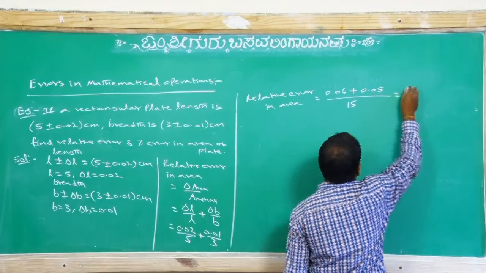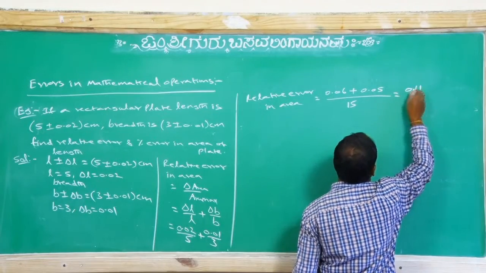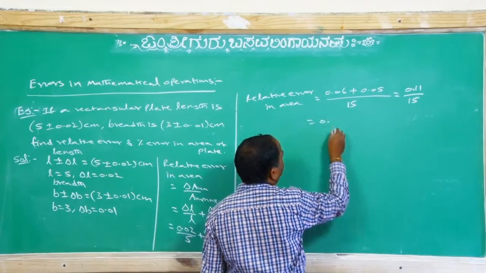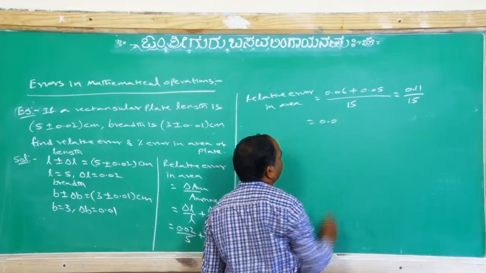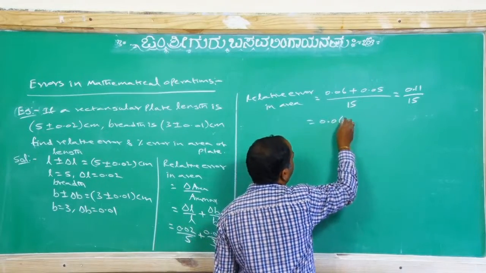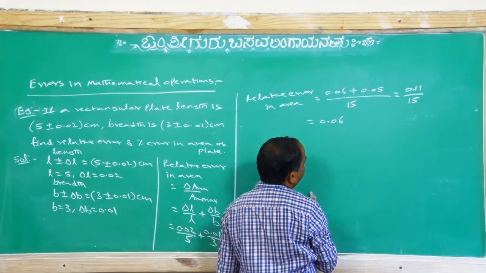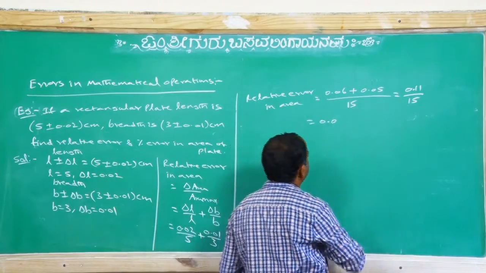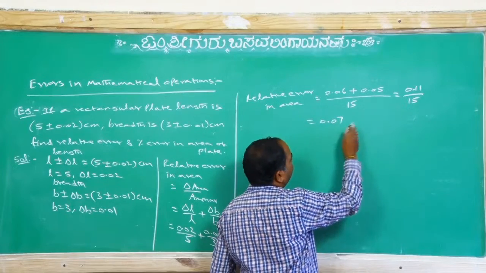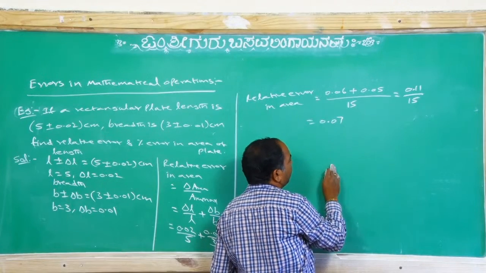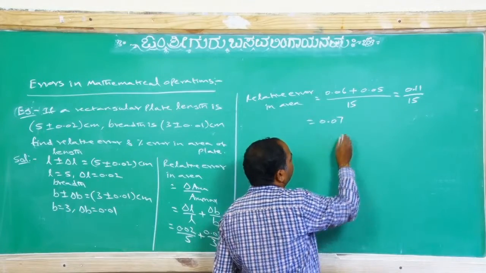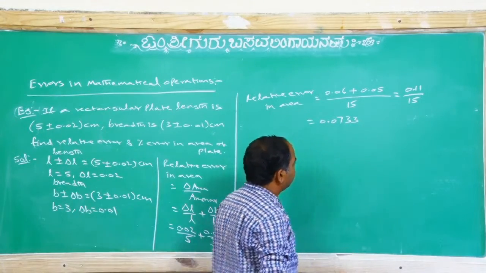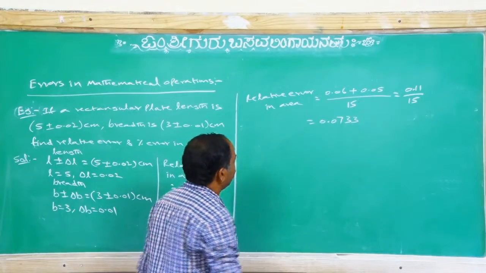That is equal to 0.11 by 15. Dividing 0.11 by 15 gives about 0.0073. So that is the relative error.